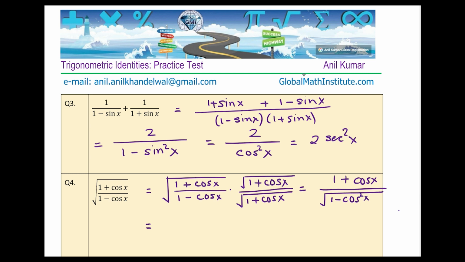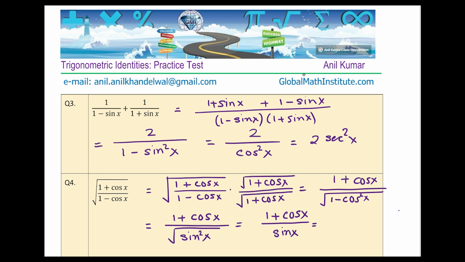And that gives you 1 plus cos x over square root of sine square x. Now this is 1 plus cos x over sine x.